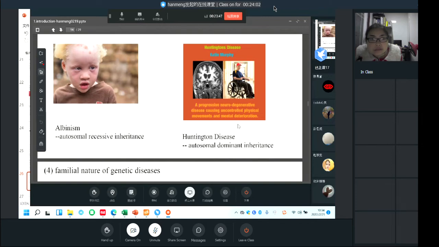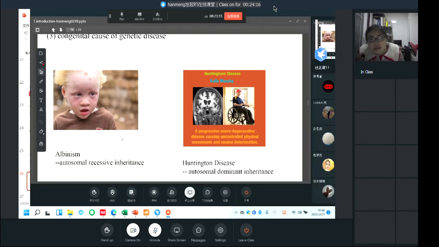The albinism patient is afraid of sunlight, and Huntington disease is a progressive neurodegenerative disease causing uncontrolled physical problems and mental deterioration.